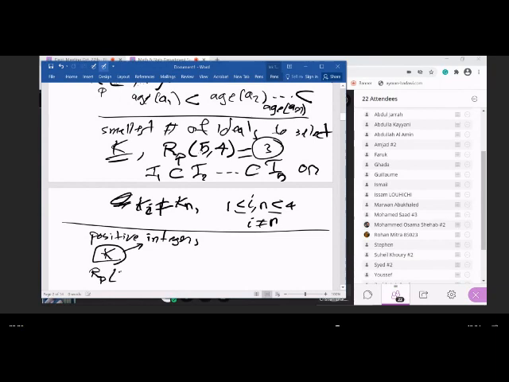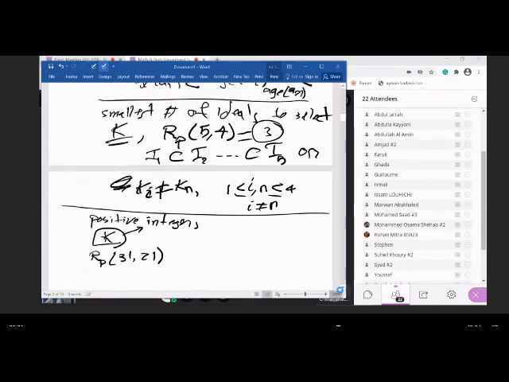Let's make a number here, like 31, 21. It means I want to have 31 numbers. I want to find the smallest positive integer I should select randomly. You might select maybe 1,000,000, but maybe this is not the smallest.